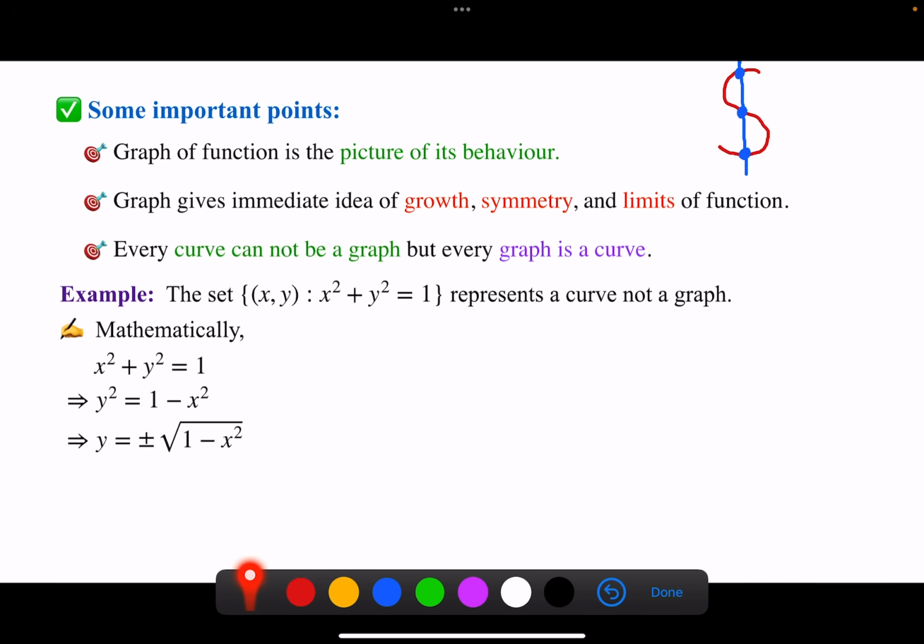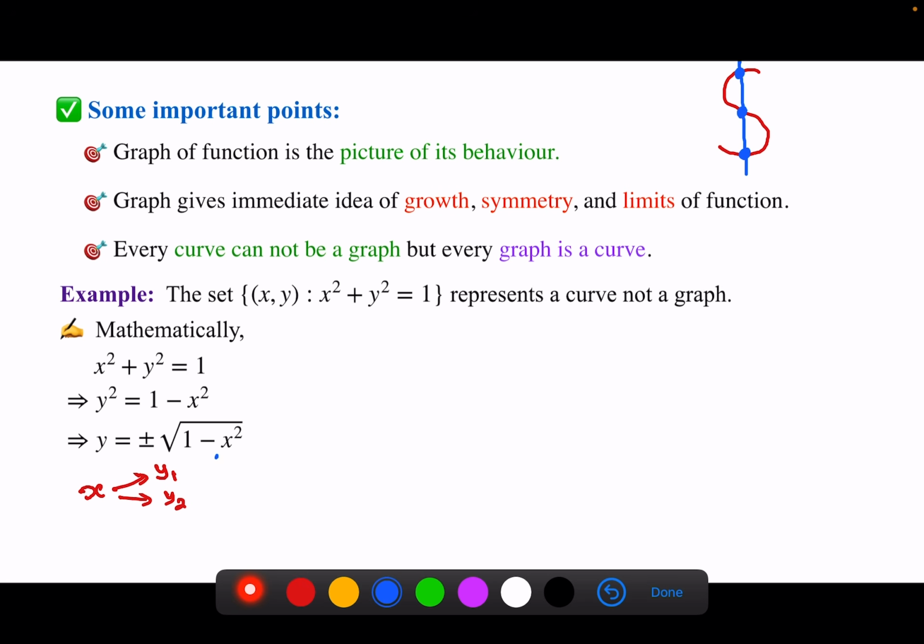Taking the root, we write y equal to plus minus square root of 1 minus x square. From here we see that y has two values, one positive and one negative. So we get two values of y corresponding to one x.